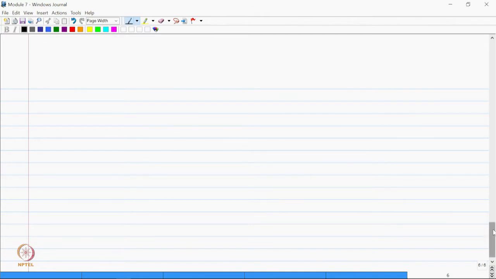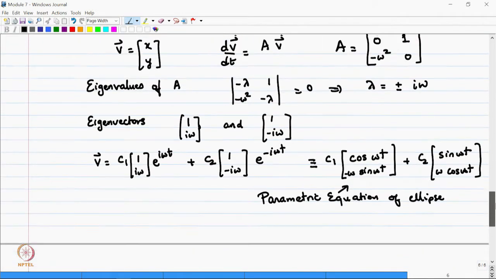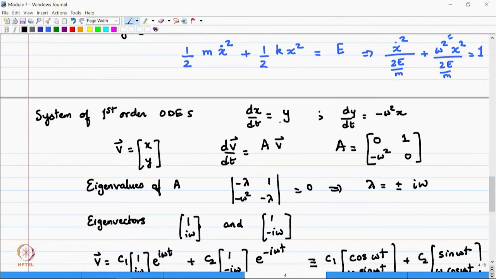Before I mention that, when you write this equation in this form, you immediately realize that x equal to y equal to 0 is a valid solution, and this is called a critical point.